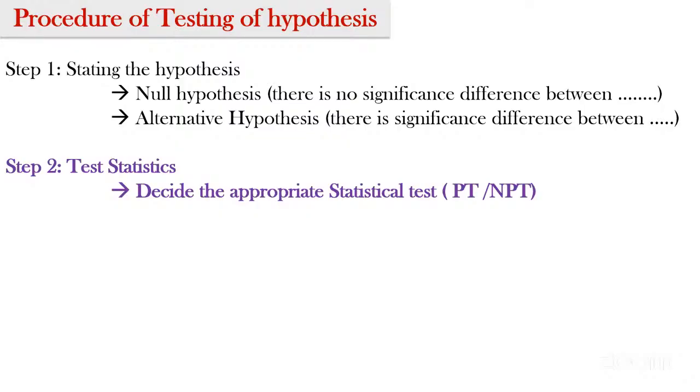As I said, generally we have three levels of significance: 1%, 5%, 10%. Now, what is this level of significance? It is also called the allowable error.